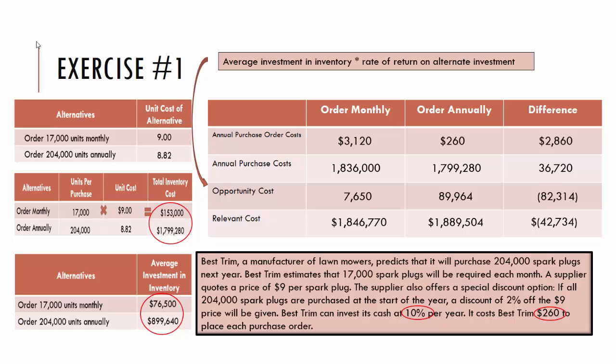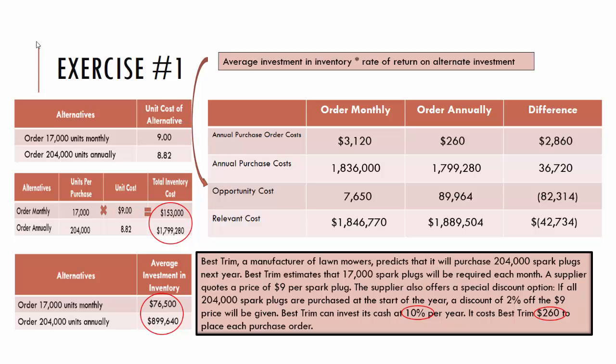So why? We already know that we'll pay less in purchase orders if we order annually. We already know that we'll spend less per unit on spark plugs and therefore have a lower annual purchase cost. But by tying up all of that money, we're not allowed to get that 10% return by putting any excess cash we would save by making a smaller purchase each month into the market and returning money off of it.